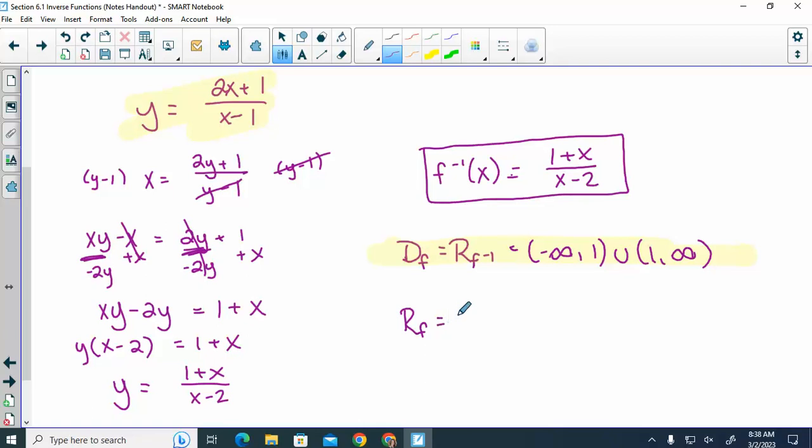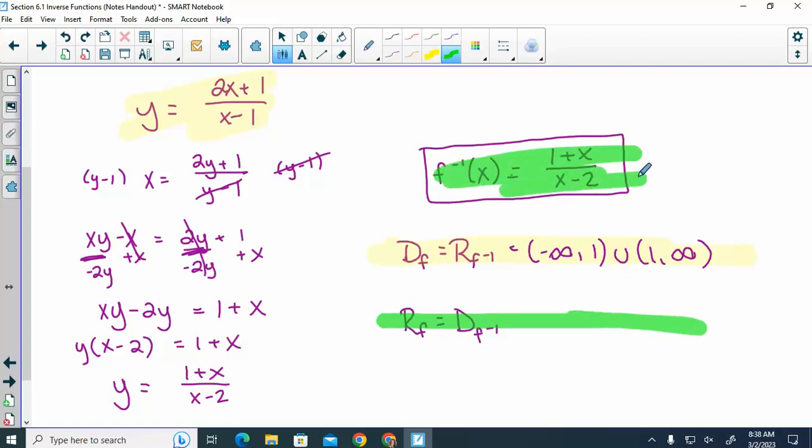The range of my function is the same as the domain in the inverse. So, to find it, we look at this inverse. What can x not be? 2. So this would be negative infinity to 2, union 2 to infinity.